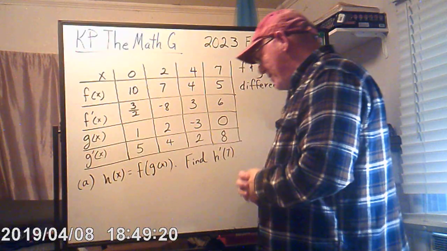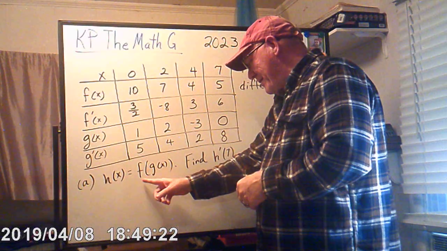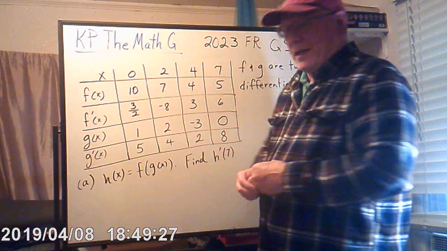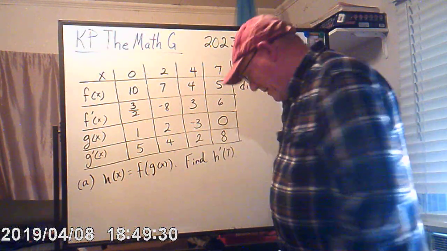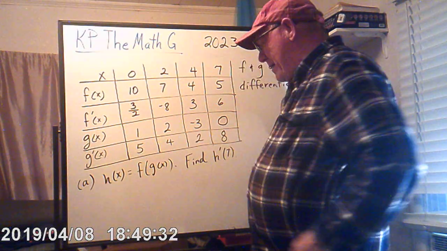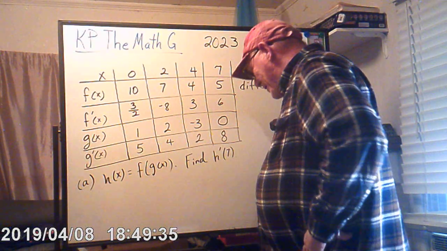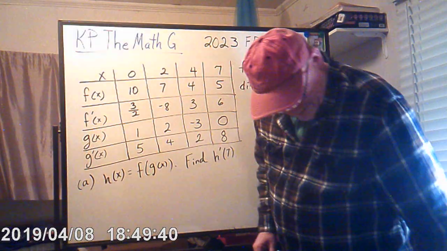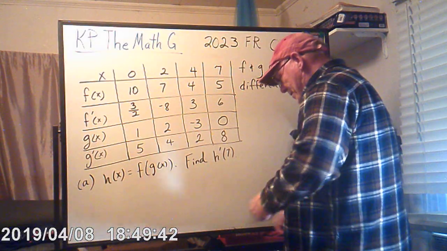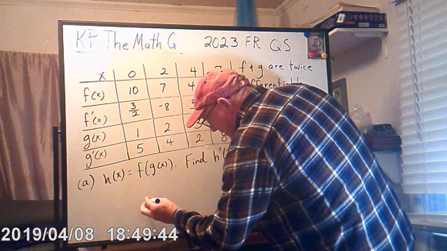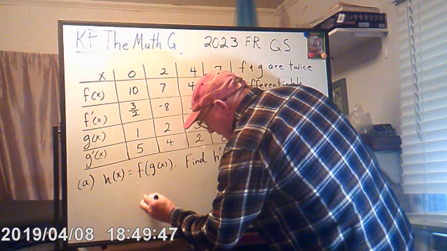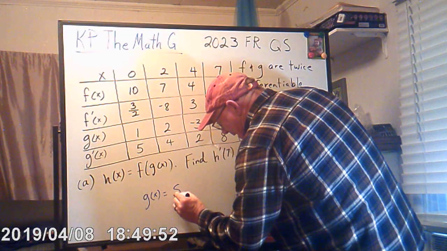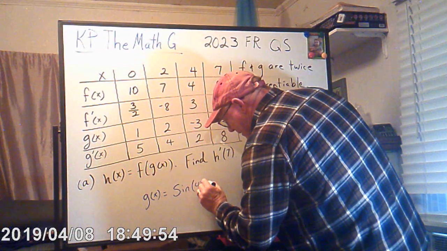So let's see. We're given that h at x is given to be f at g at x. Look at that, a composite function. Let me give you an idea of what this is all about. If I were to say, for example, let's pick something different: g at x is equal to, say, sine of 4x.